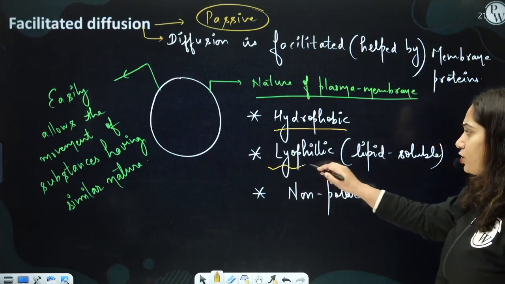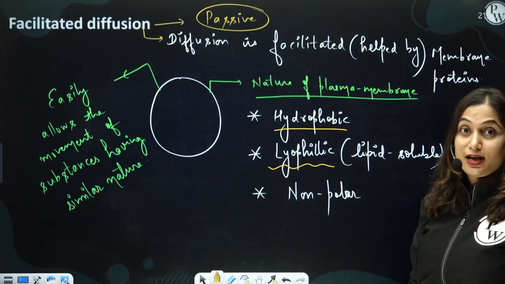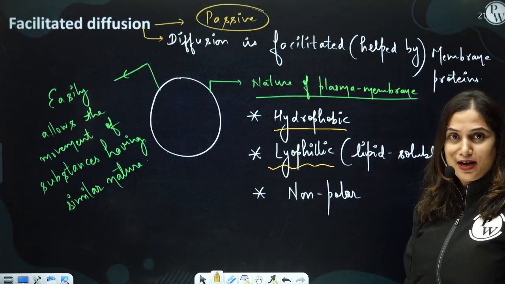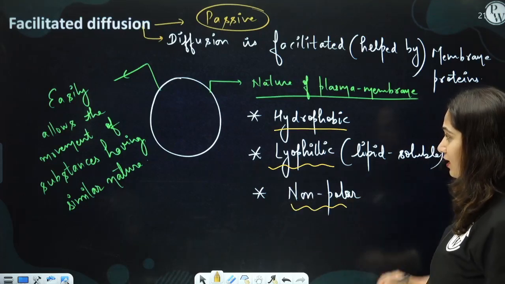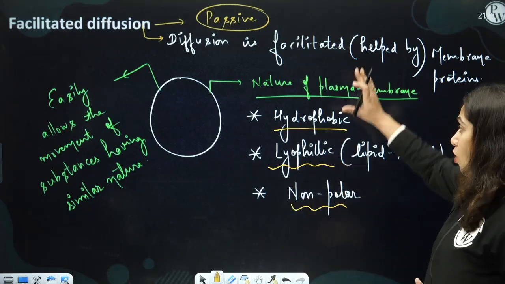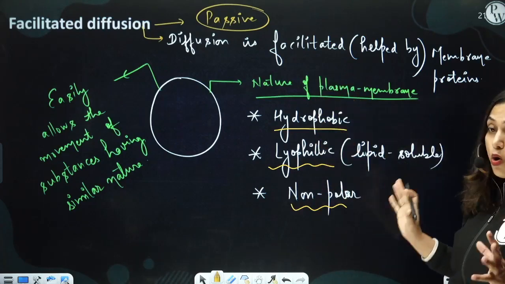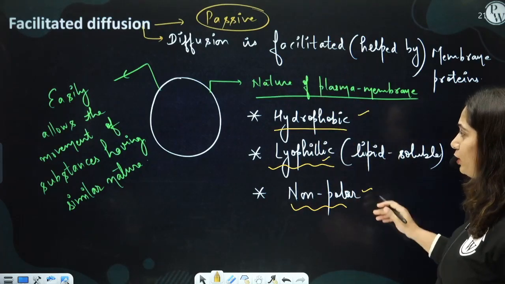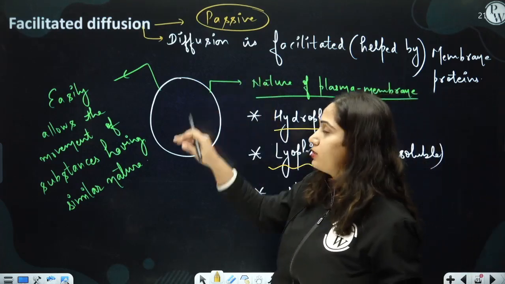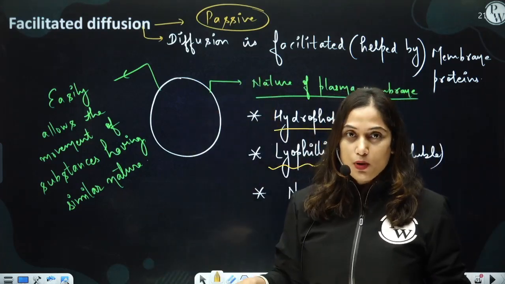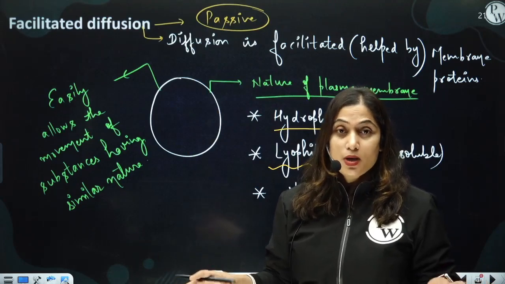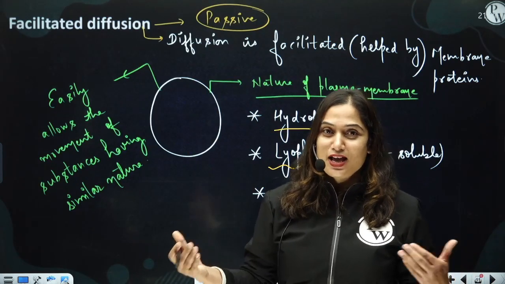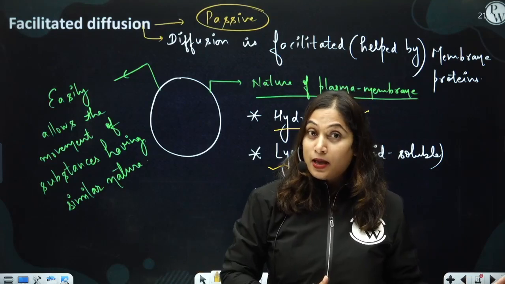So what is the nature of the plasma membrane? Lyophilic, lipid soluble, lipid loving, and that is non-polar in nature. So all those molecules which have hydrophobic, lyophilic or non-polar nature, they can easily cross the plasma membrane without any problem, because they have a similar nature to that of the plasma membrane.